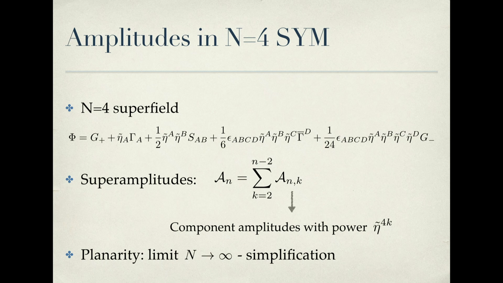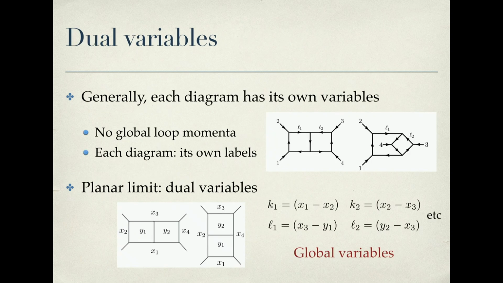So you can easily see that it picks k of these gluons, and the rest of the gluons don't have any eta tilde, but of course it contains all the other amplitudes as well. And the planarity, or why I call it planar, is that in this SU(N) gauge group, I set N to infinity, and this has already taught us that this is a very interesting limit from many points of view, the planar limit of SU(N) gauge theories.